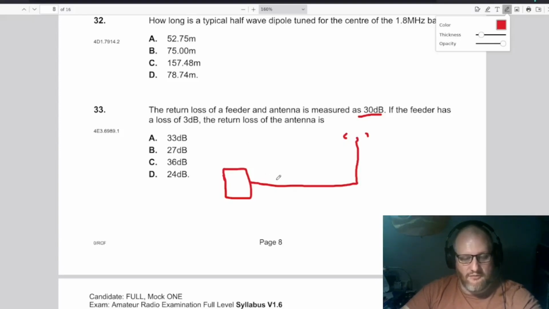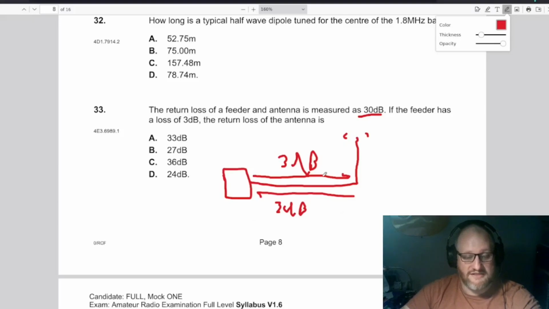And so if we're firing out our 1 kilowatt from here, and the power is going through this coax into the antenna, but we know in the coax it's got this 3 dB loss, and then there is some unknown level of reflection happening at the antenna, and then we know that it's coming back through this coax where it's going to undergo another loss of 3 dB. So we know that there's 6 dB of total loss just in the coax.